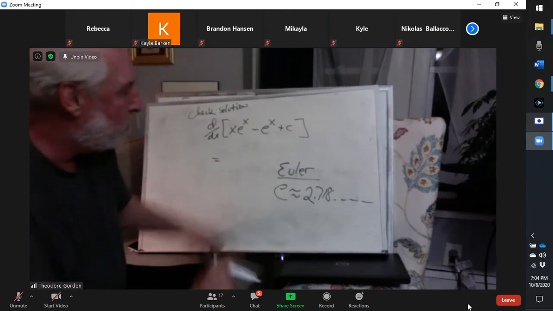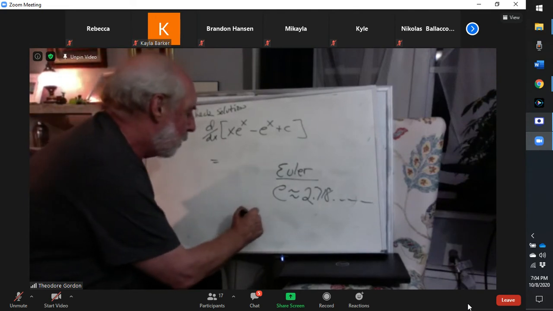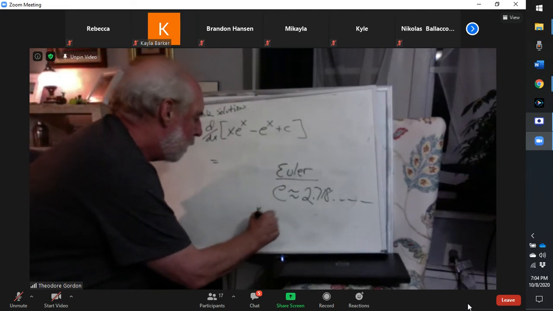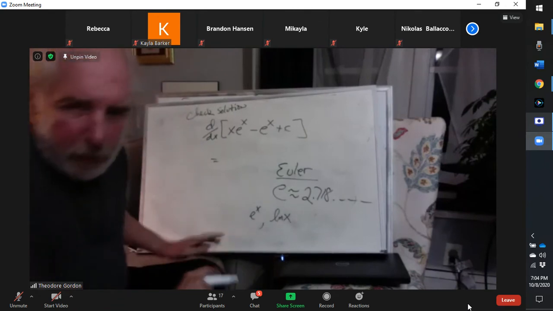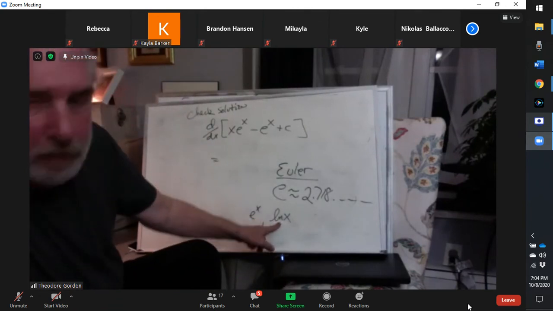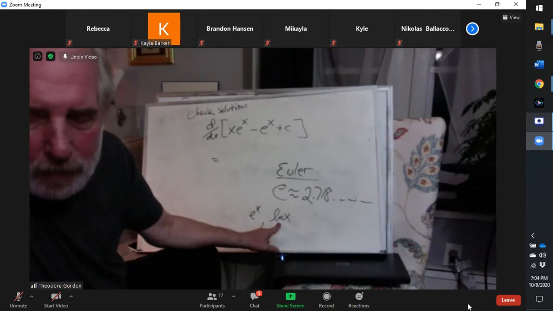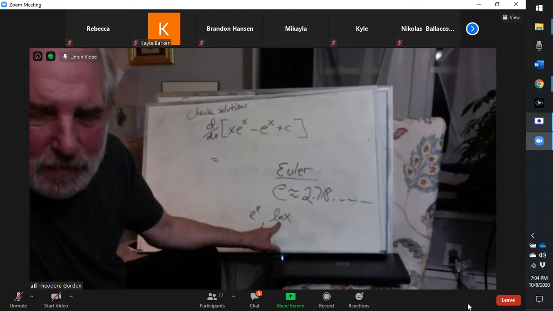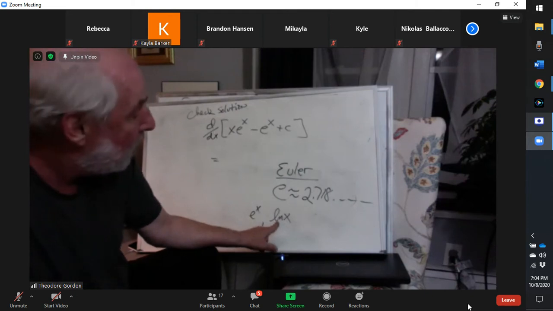Oh, and what goes with an e to the x? So e to the x and ln x are related, right? They're inverses of each other. So what does the n stand for in ln? Natural? Yep, this is the natural log.